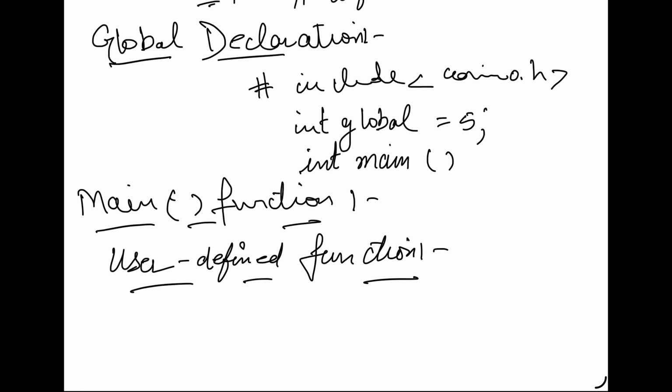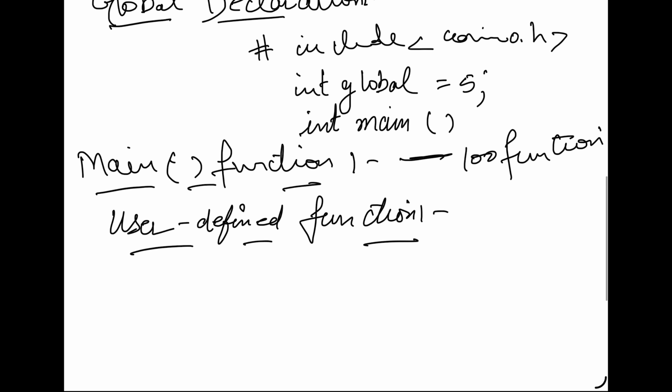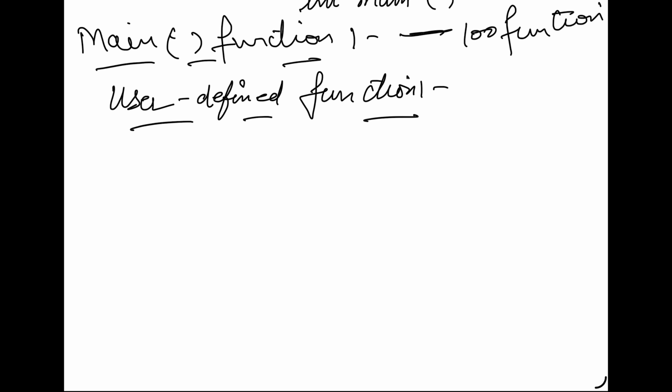Even if you have 100 functions, execution always begins from the main function. Main function is where the program starts execution. This is the structure of C programming language.